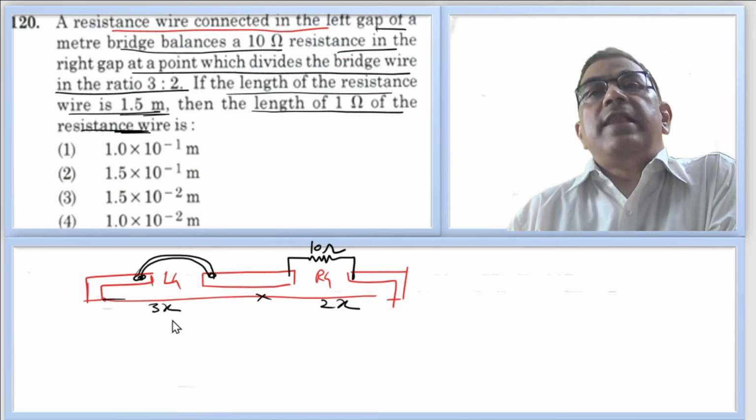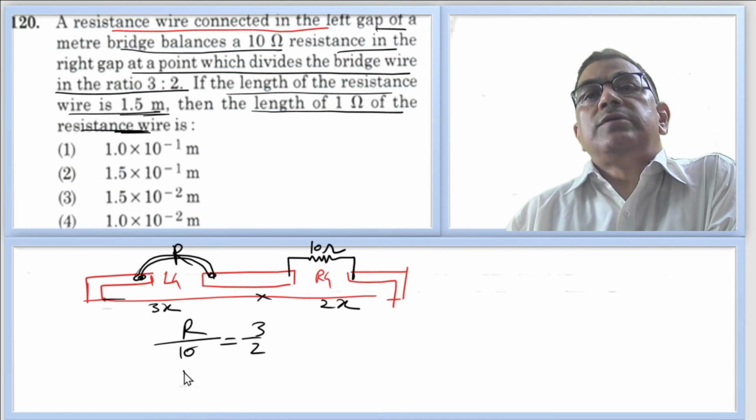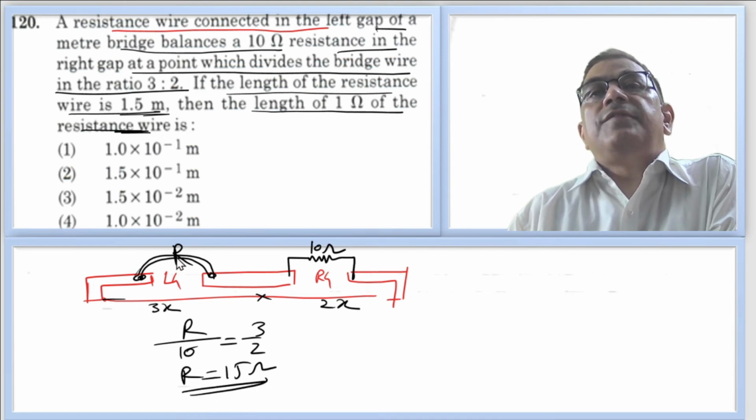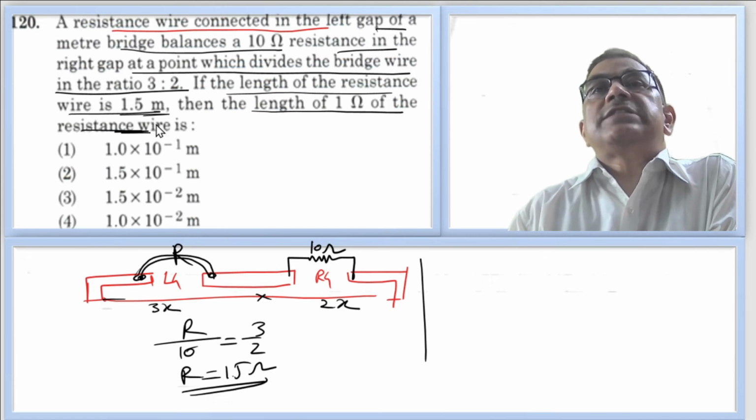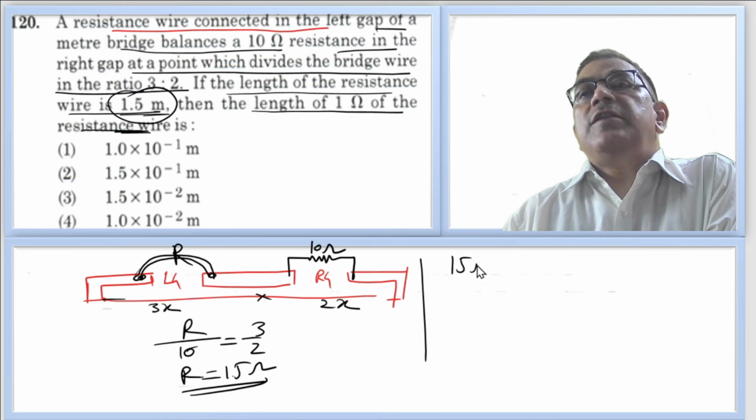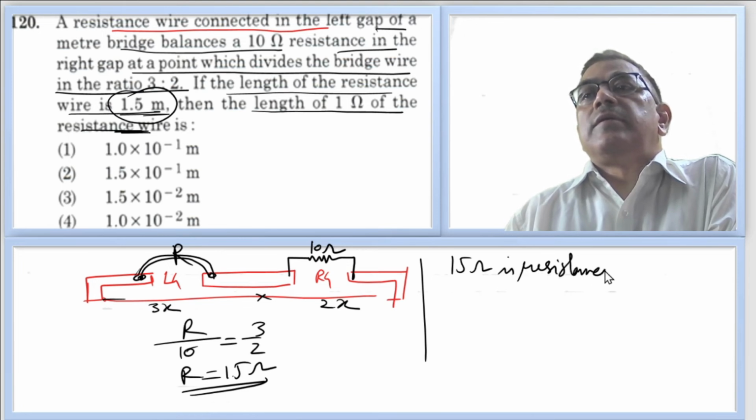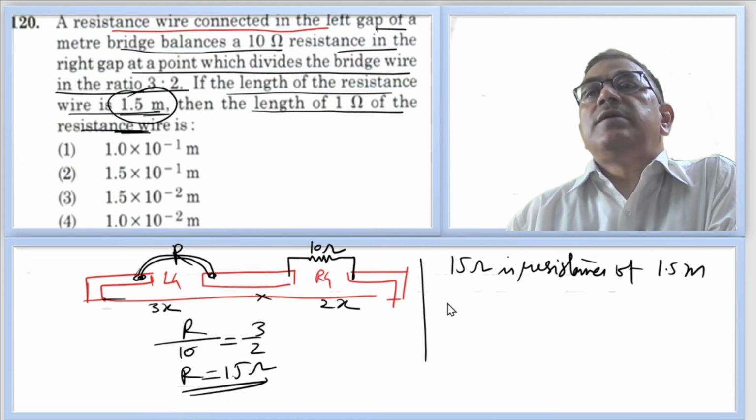this meter bridge is balanced. So can we write this as R by 10 is equal to 3 by 2. So R is equal to how much? 15 ohm. So this is 15 ohm. Now 15 ohm is the resistance of what? 1.5 meter. 15 ohm is the resistance of 1.5 meter.